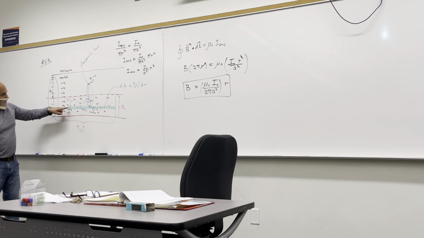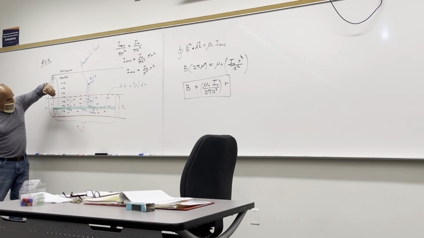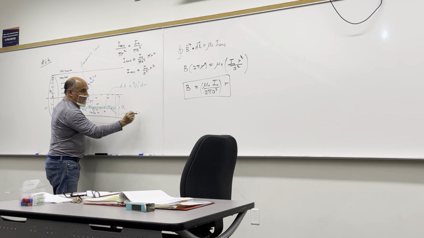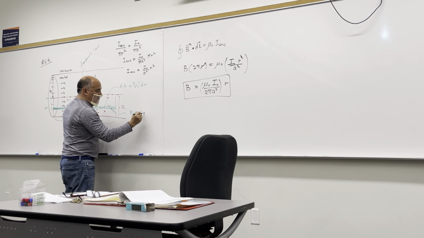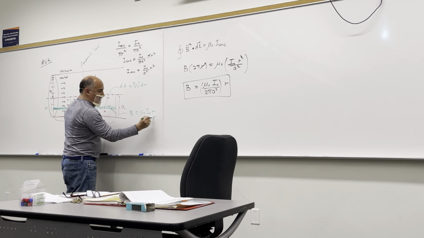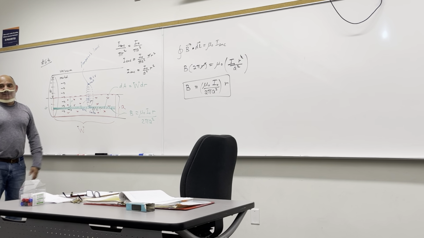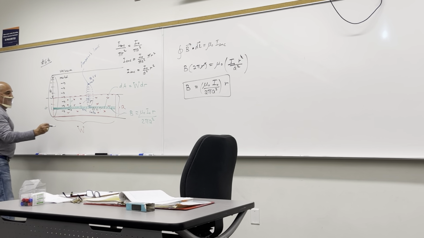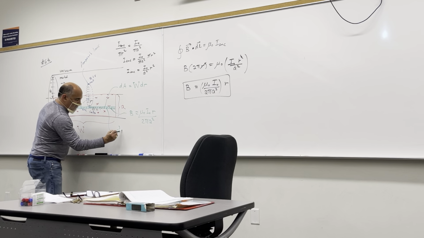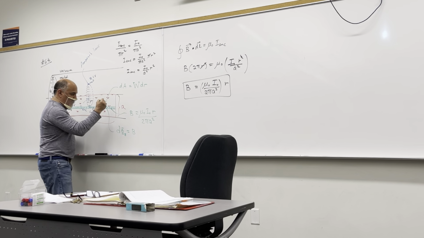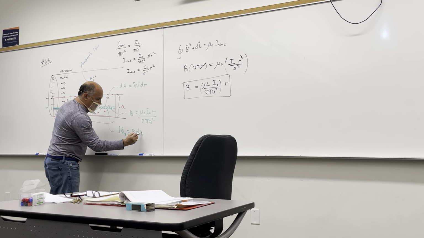And the magnetic field that's going through that strip is what we calculated over there. So what is the magnetic flux through that strip? That would be the magnetic field there multiplied by the area of that.